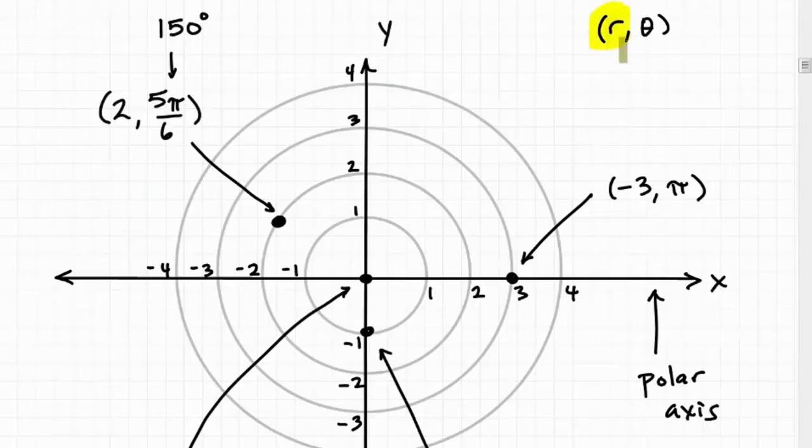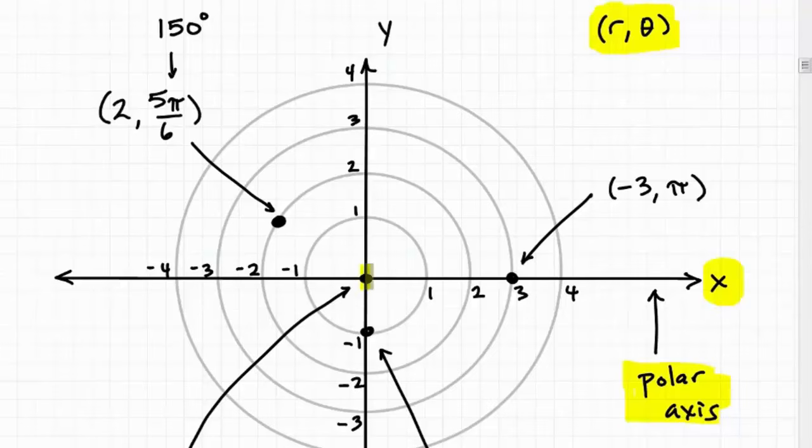Remember, to describe a point with polar coordinates, we need that radius and a particular angle. Now, the polar axis, where we start forming an angle, is going to be the x-axis. That's the polar axis. The pole, remember we need a pole, is the origin.